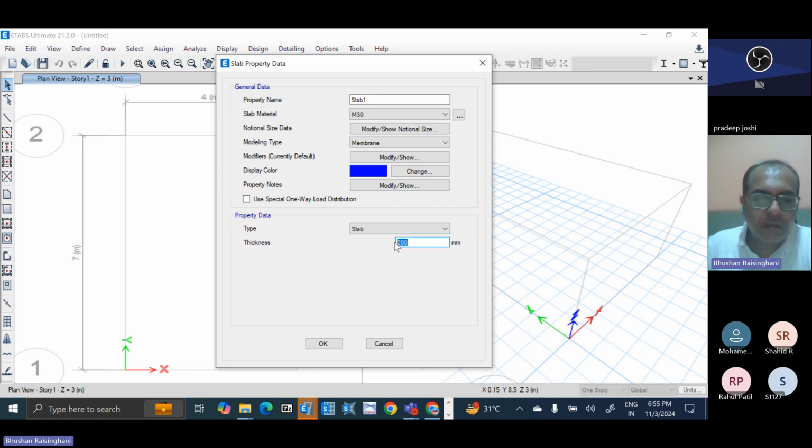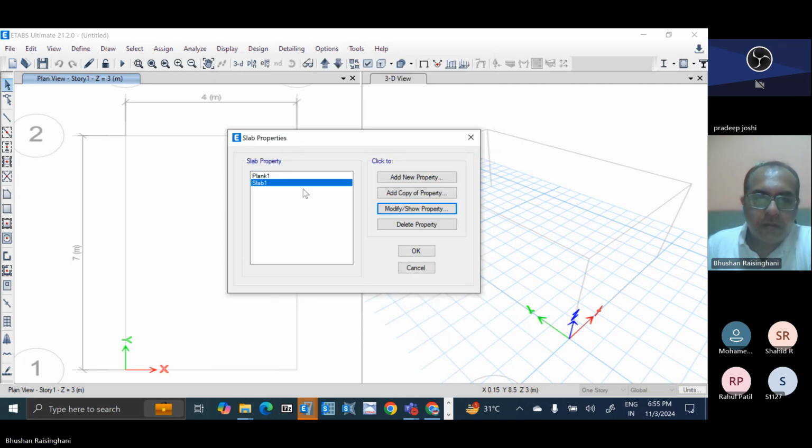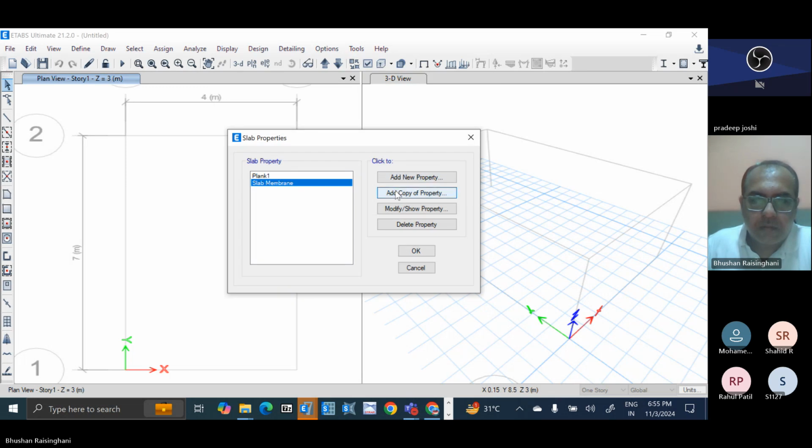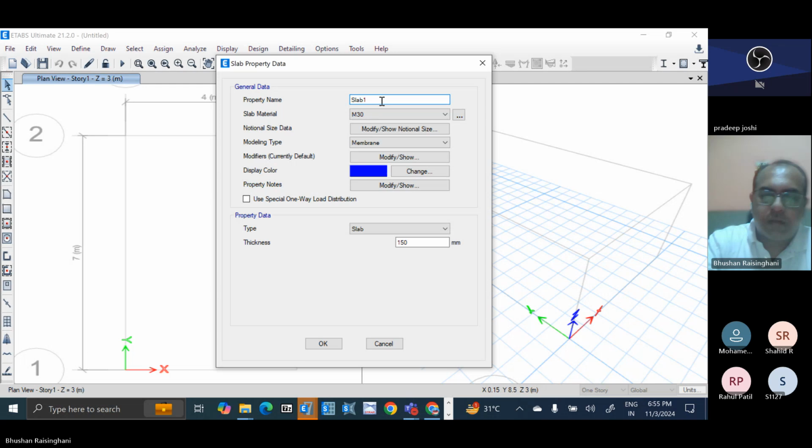So let's say if it is a 150 slab, that is one definition we'll give of the membrane. So model the slab as a thin shell.